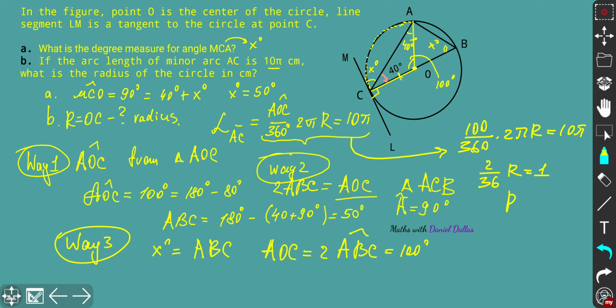So r is going to be equal to 1 over, so 2 over 36 is going to be 1 over 18, so that's why the radius is going to be 18 centimeters. Okay, so that's the second answer. The first is about angle X, and the second is about the radius. So make sure you have the same answers.